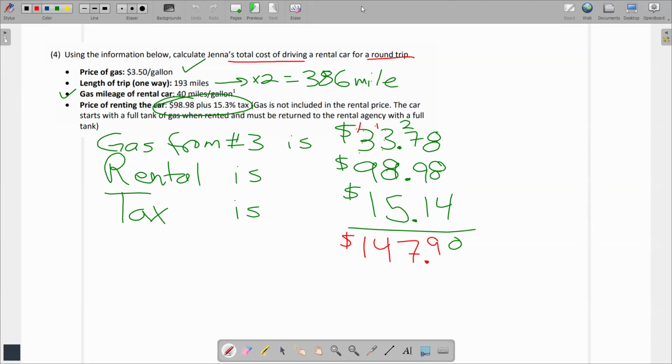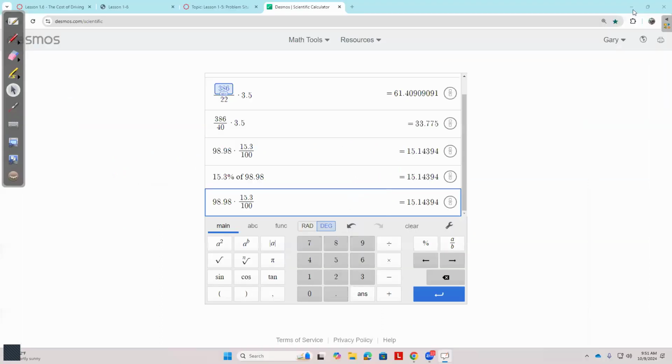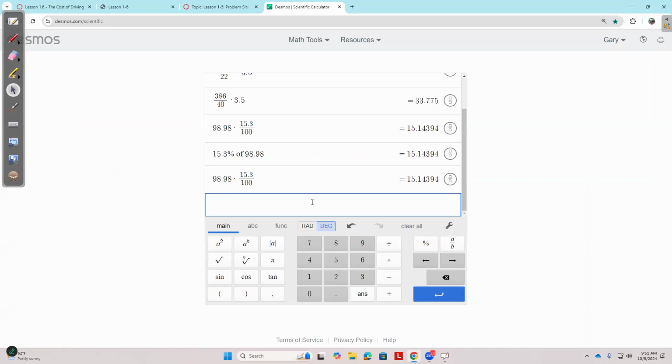Okay, so I'm just going to go back to my calculator and double check those. On the calculator, if I put all those together, I've got my 33.78. I got 147.99. And then I got my 98.98. Then I've got my 15.14. Oops. Decimal points matter. Okay, so I'm getting the 147.